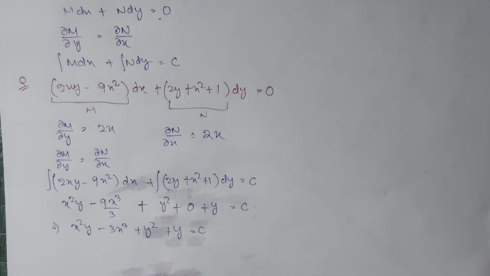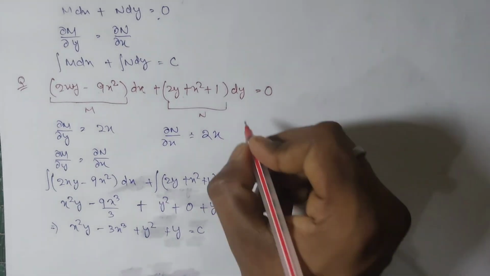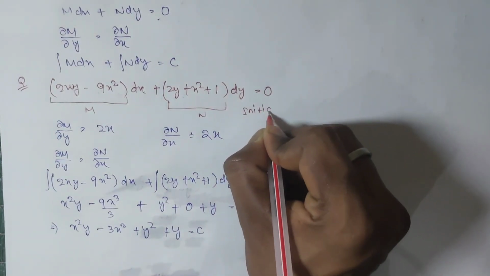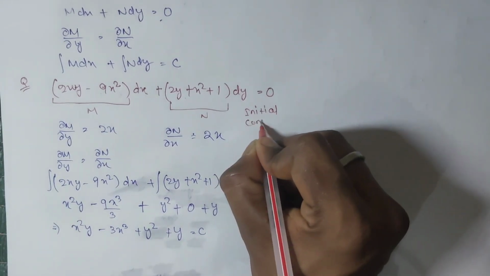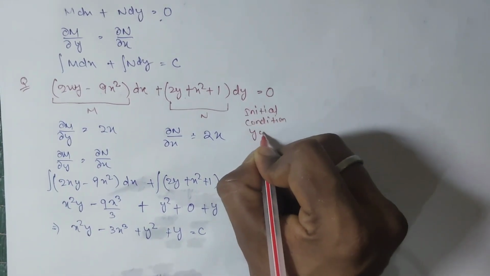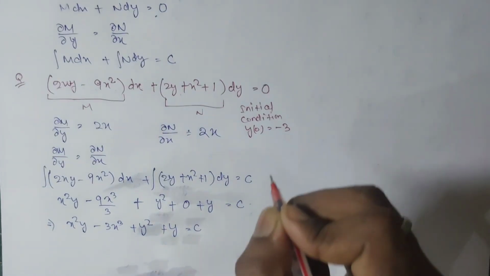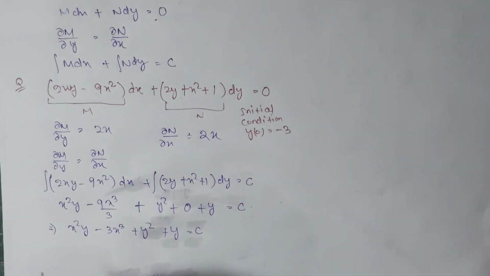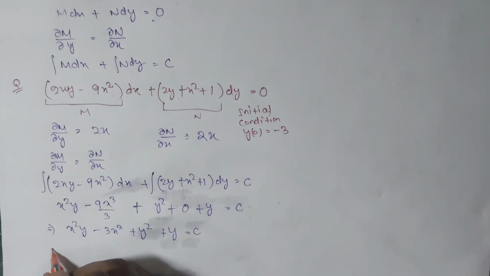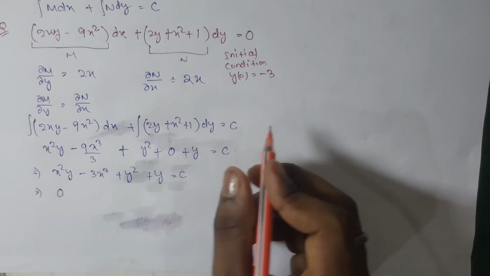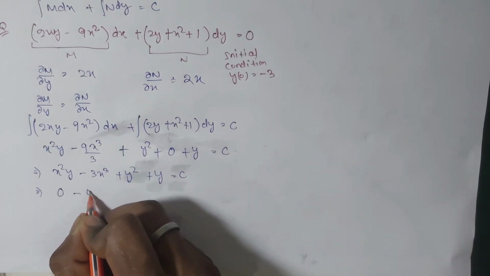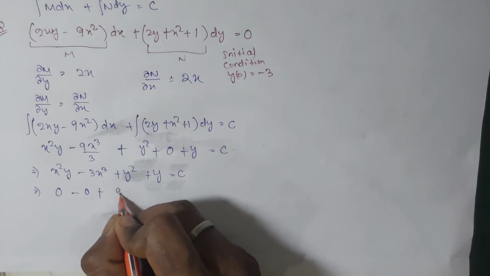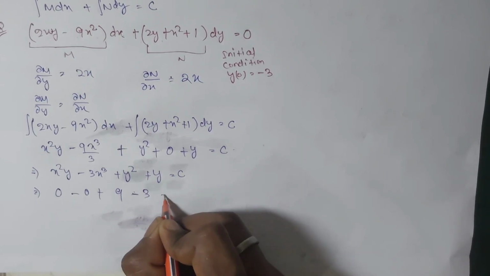If some boundary condition or initial condition is given, then we can solve it. Like if the initial condition is y(0) equals minus 3, it shows that when x equals 0, y becomes minus 3. Putting this condition here, when x equals 0, y becomes minus 3, then the first terms become 0, minus 3 square is 9, and here minus 3 equals c.